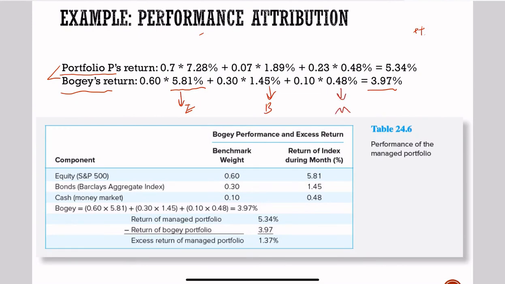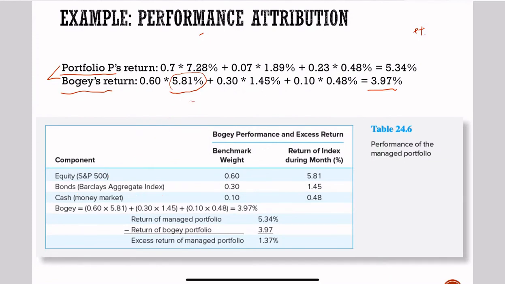And you can see that the return in equity when we're looking at the Bogey is different from the return in equity when we're looking at portfolio P, right? This should be obvious because this 5.81% comes from a passive index, right? So it comes from the S&P 500. And this 1.45% comes from the Barclays Aggregate Bond Index, right?